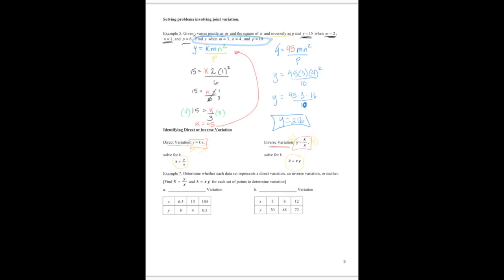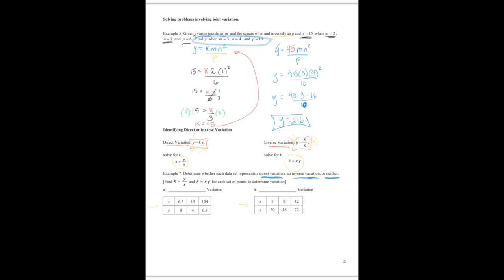So if you're looking at example 7, you are being asked to determine whether each data set, so you have two tables of values, represents direct or inverse variation, or perhaps neither. So, keeping in mind k, we can solve for k for each of these sets of points to determine the variation.